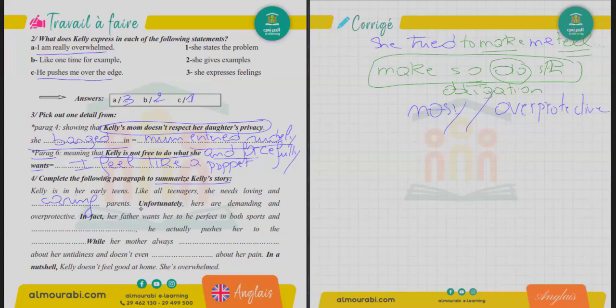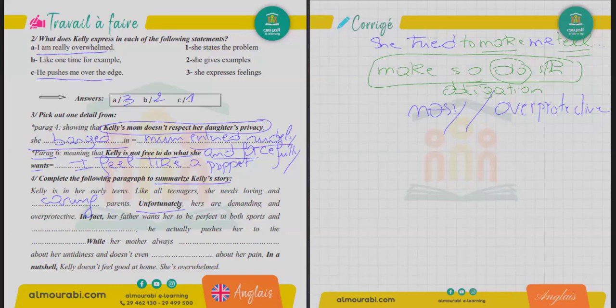But unfortunately. Unfortunately in French, what do we say? Malheureusement. Malheureusement, unfortunately. Continue. Hers are demanding and overprotective. Sorry, in fact, her parents are demanding, we understood that.